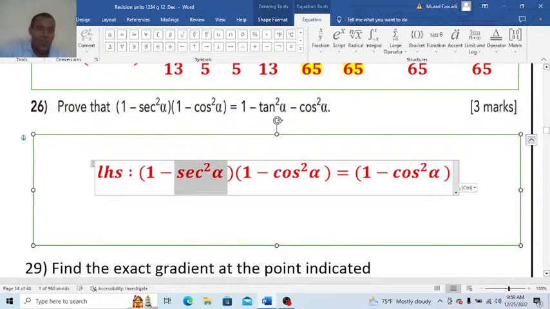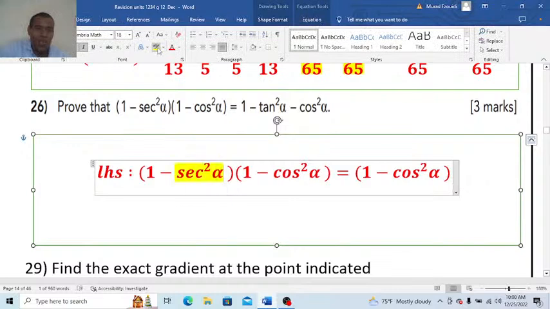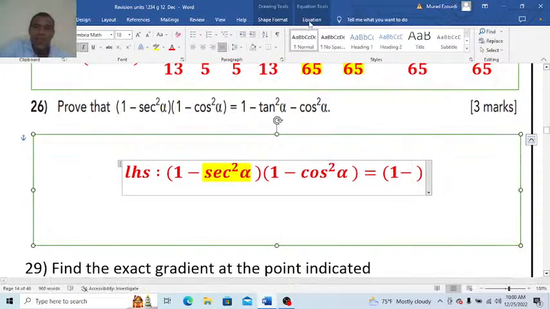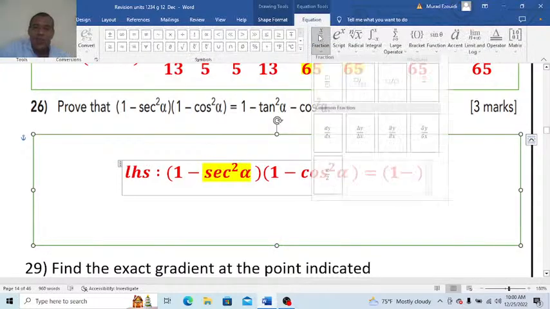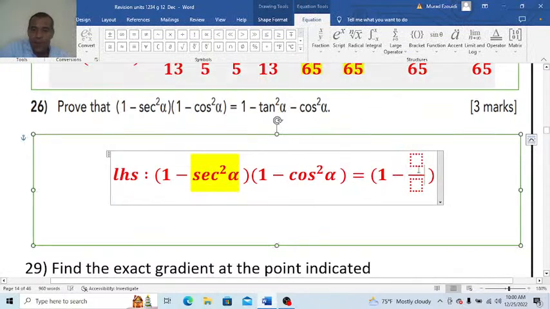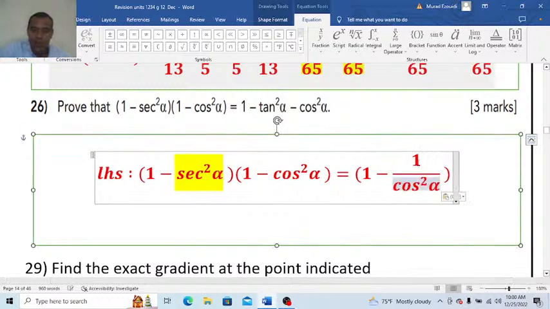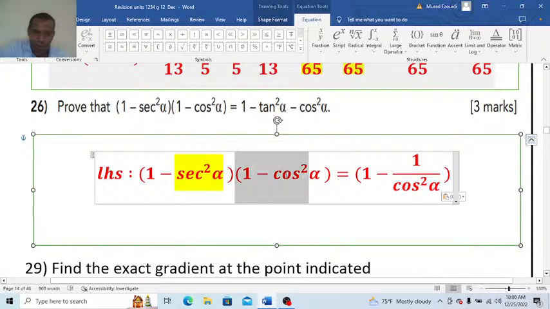It will be equal to, we'll write sec square as 1 over cosine square of alpha, multiply by what, learners? Multiply by 1 minus cosine square. Okay, multiply by this.